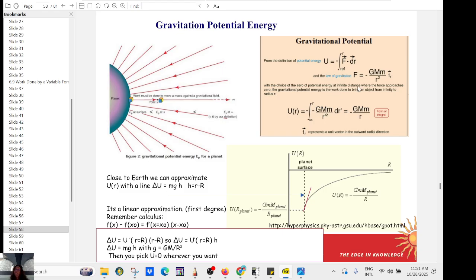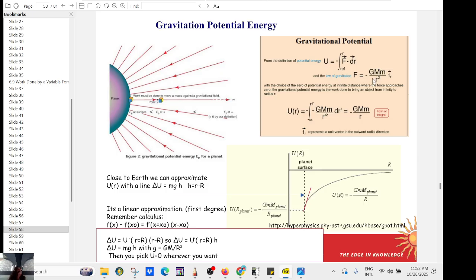So in that case, the force of gravity will be at a distance r. If you are on the Earth, the force is mg. Do you agree with me? If you are on Earth, the restoring force is mg. Do you agree? As you move away from the Earth, the restoring force is going to decrease.